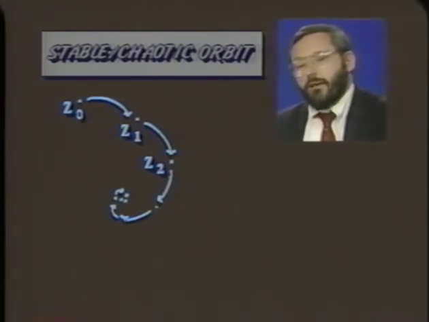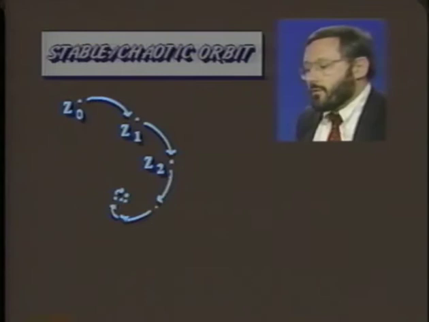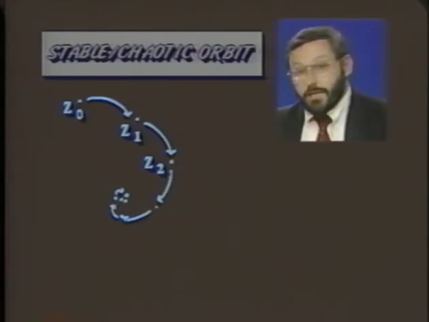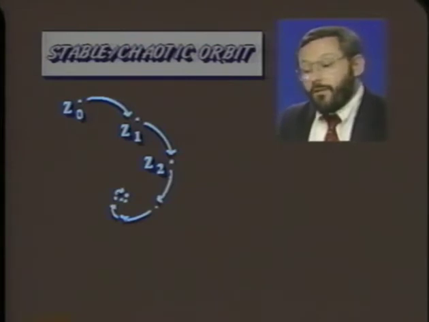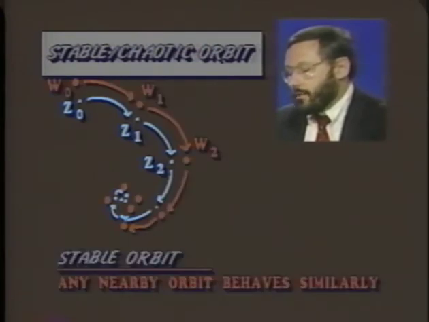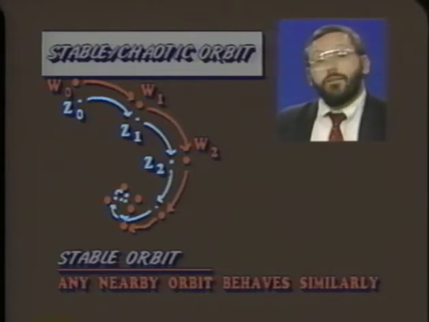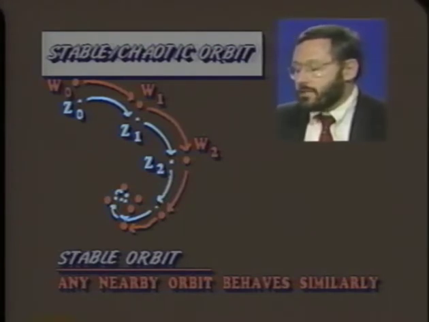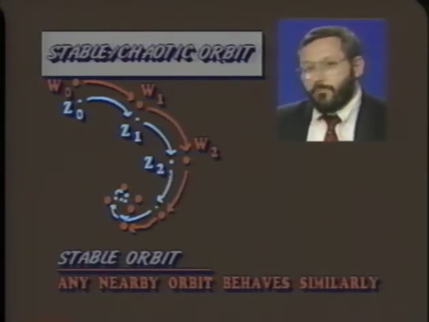What does it mean for this orbit to be chaotic? Rather than tell you what it means for that orbit to be chaotic, let me tell you at the outset what it means for this orbit to be the opposite of chaotic, that is stable or predictable. This orbit is predictable if whenever I take a nearby orbit, say this orbit that I've colored red, the orbit of W, the new orbit behaves in essentially the same manner.